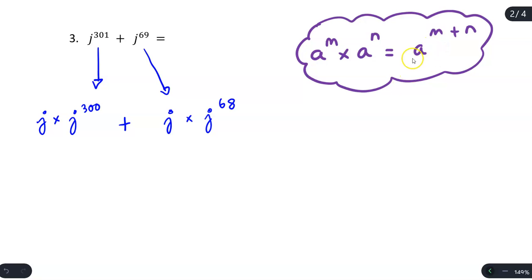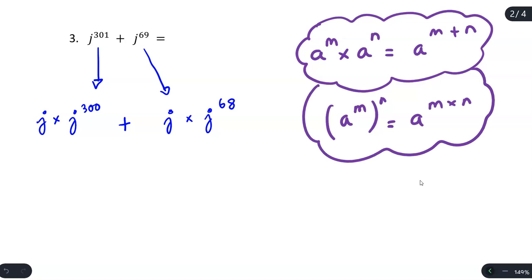Again, I base it on this number. So now I'm going to apply another formula. If I raise a power to an exponent, I multiply the two exponents. So in this case, I am multiplying m by n.